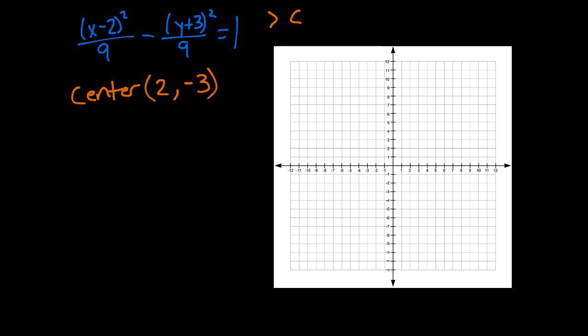Let's go ahead and plot that. Underneath each of our x and y, we have 9, which means that our x and y radius are each 3. So from our center, I'm going to go right 3 and left 3.